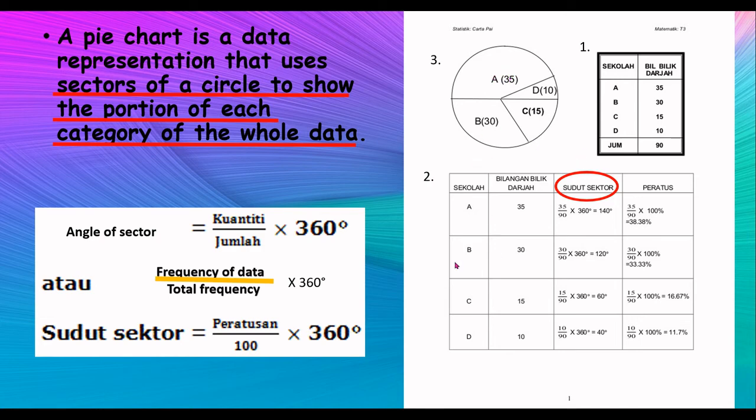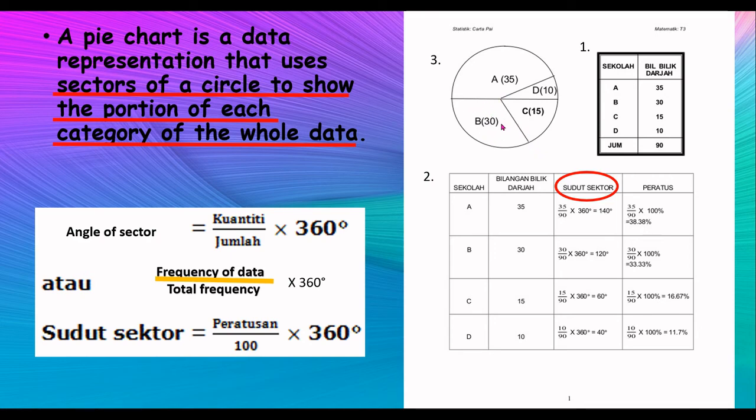Okay, next, the same thing happens for B. B has 30 classrooms, so 30 over 90 times 360 degrees, I would have 120. So from here, I can imagine the straight line, I put my protractor on it. After that I can find where 120 is, so I can draw the line.